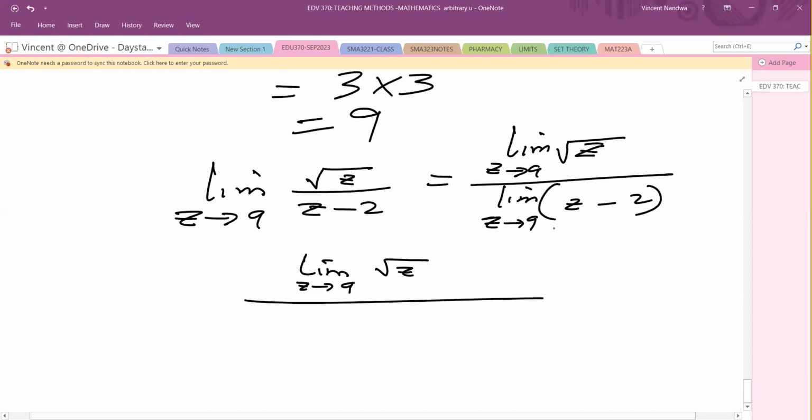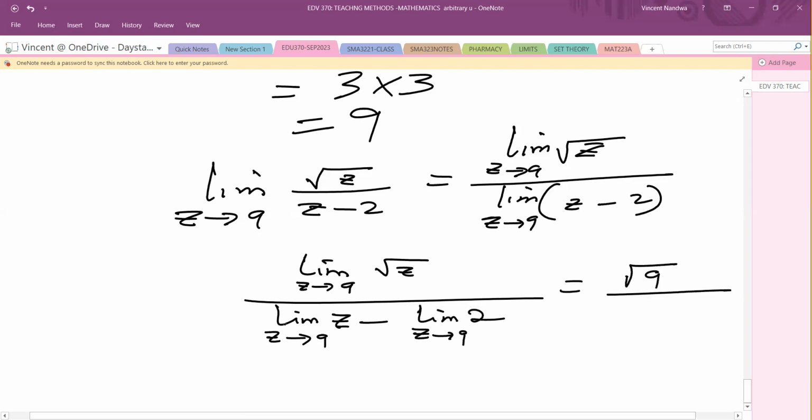How do we write the bottom? Limit of z minus 2. Now here we just substitute where there is z, I mean you put 9, okay? So it will be root of 9 over 9 minus 2, correct. Root 9 is the same as 3 over 7.